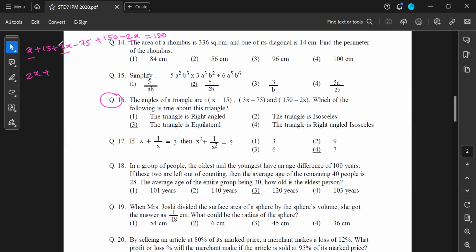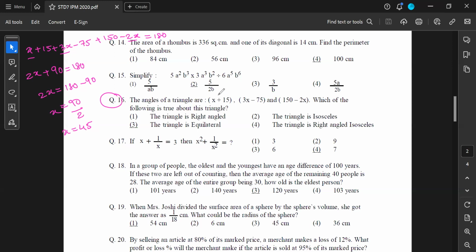Plus 150 minus 75 is 75. 75 plus 15 is 90, equal to 180 on the other side. So 2x is equal to 180 minus 90, which gives you 90. I take 2 to the other side. 90 upon 2 gives me x equal to 45.